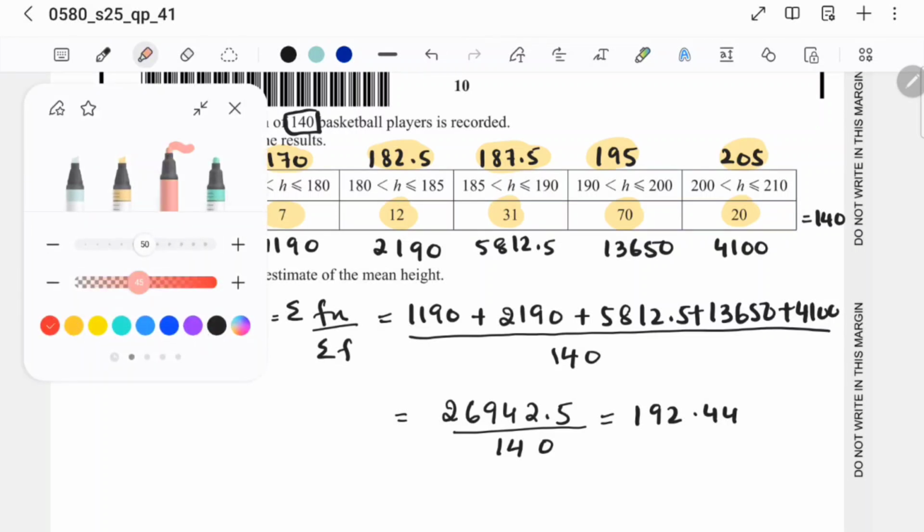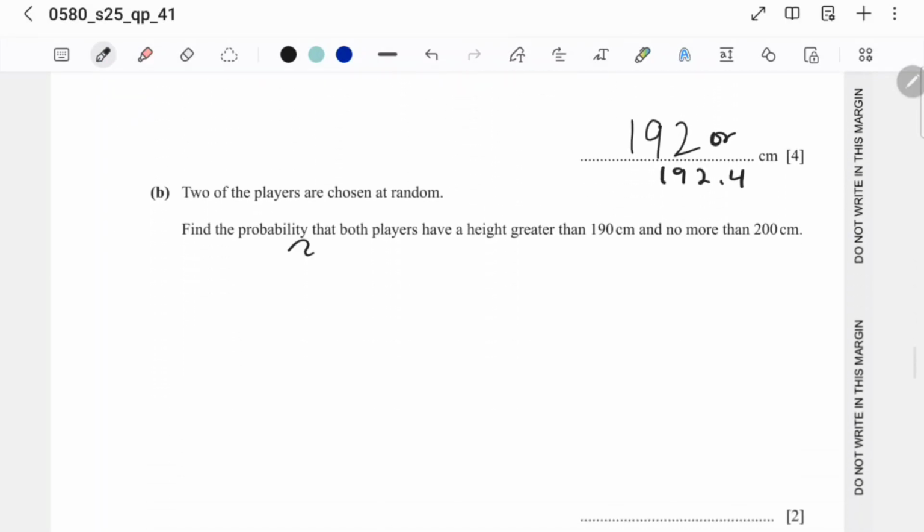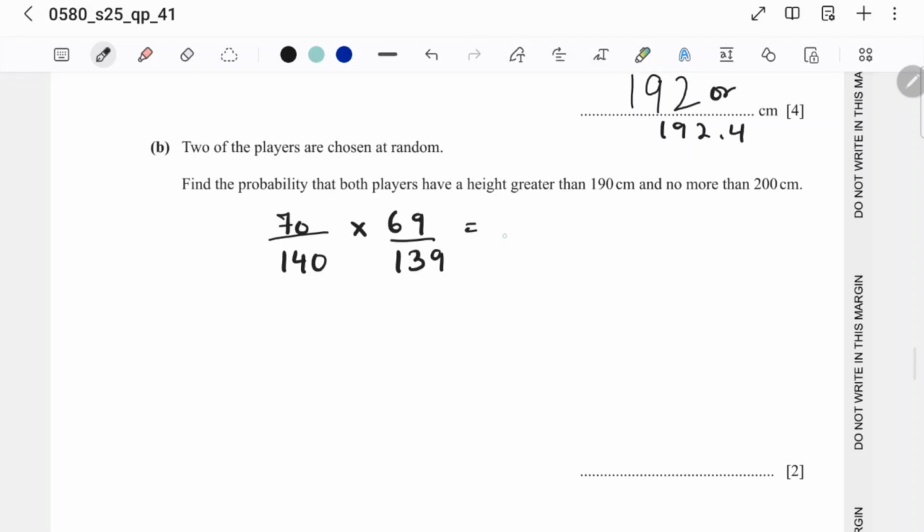You can see here that this is 190 to 200. So there are 70 players. So 70 out of 140 for the first one, and then after that they have chosen one of the players. The other one will be 69 upon 139, and then you get 69 over 278.